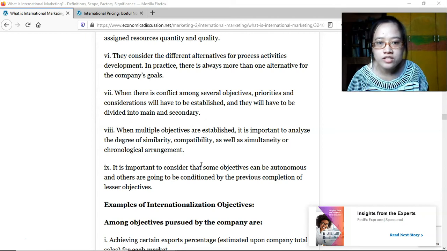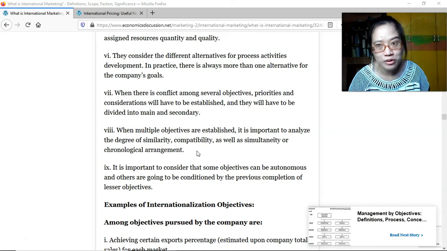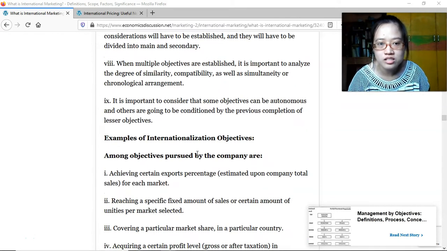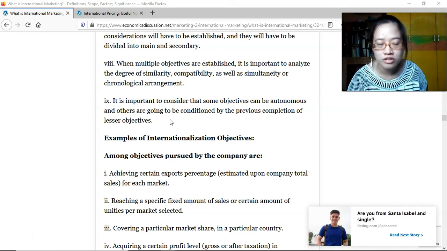When multiple objectives are established, it is important to analyze the degree of similarity, compatibility, as well as simultaneity or chronological arrangement, which should be, again, prioritized: which should be done first or attained first before proceeding with the others. It is important to consider that some objectives can be autonomous and others are going to be conditioned by the previous completion of lesser objectives. Some objectives can only be achieved if other objectives have already been achieved. So sometimes there is order.